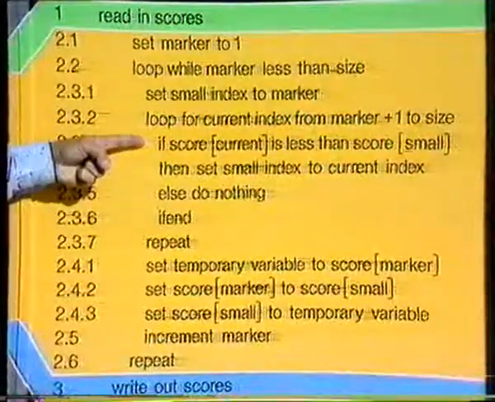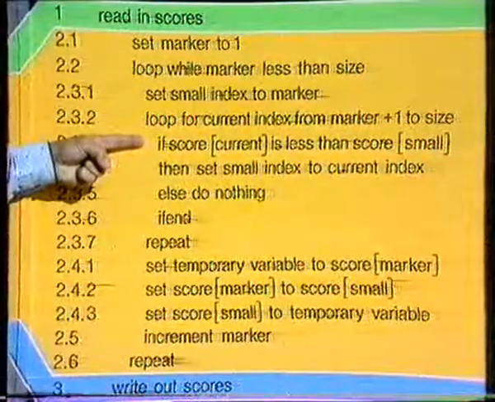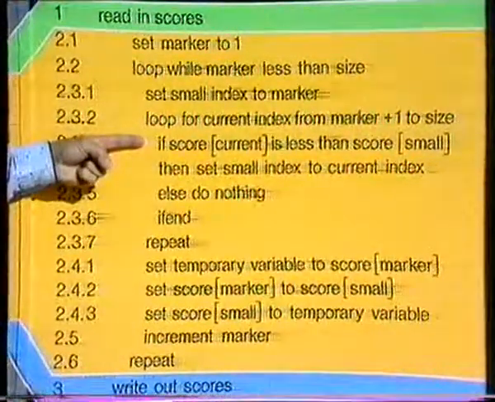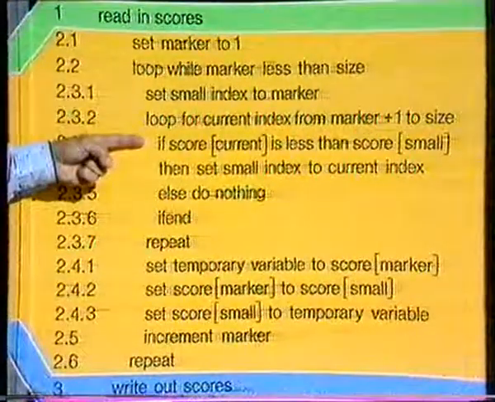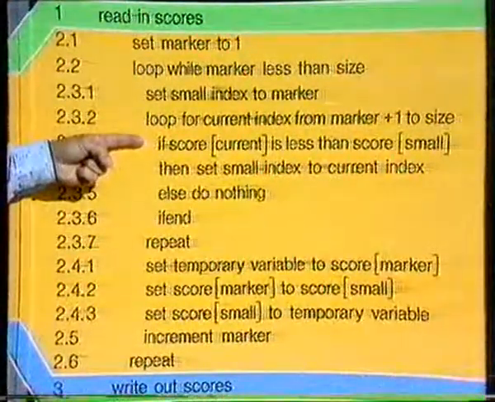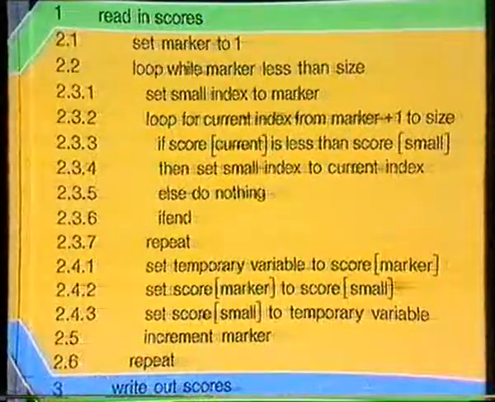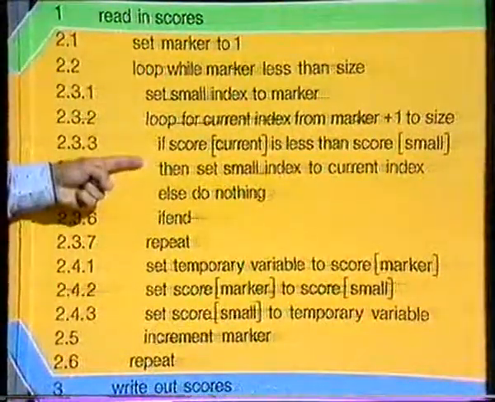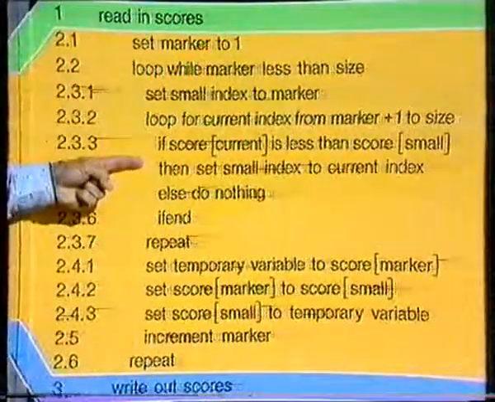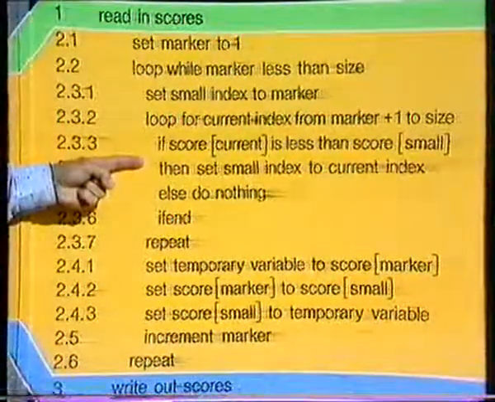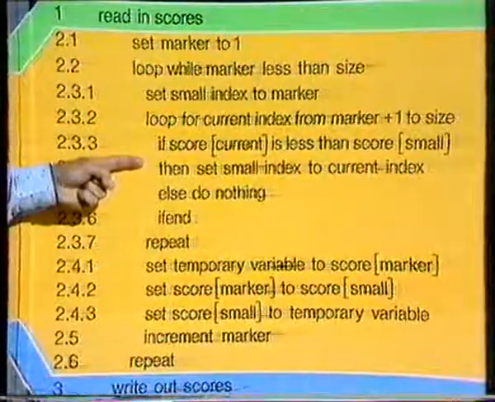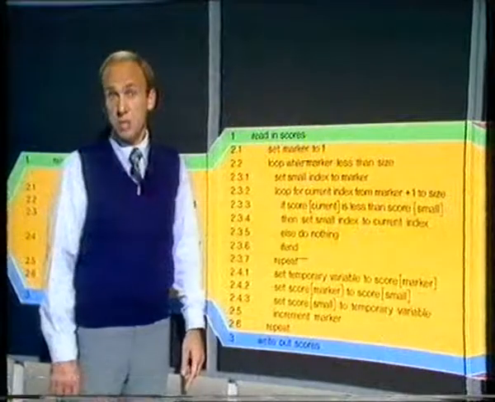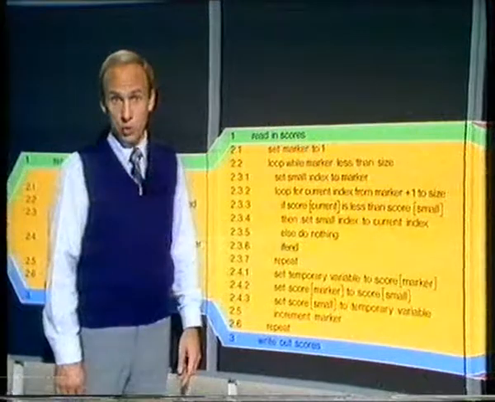If the current score is less than the smallest score so far, then obviously we have a new smallest score so far. And that means we must change the index of where the smallest score is. We must set the index of the smallest so far to be the index of the current score in our loop. Well, this presupposes that we've already got a smallest score so far.